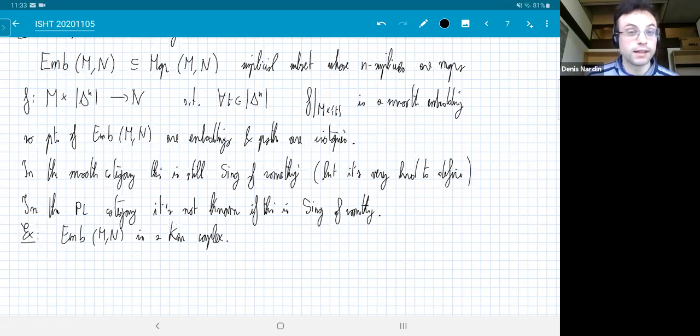You just need to find them. I don't know of any easy example, but they do exist. Kan complexes are literally more general, but also not really, because up to homotopy, which is all we are going to care about, there's not really going to be a difference. In fact, that's going to be the main theorem of next lecture. I don't know if that was a satisfactory answer.